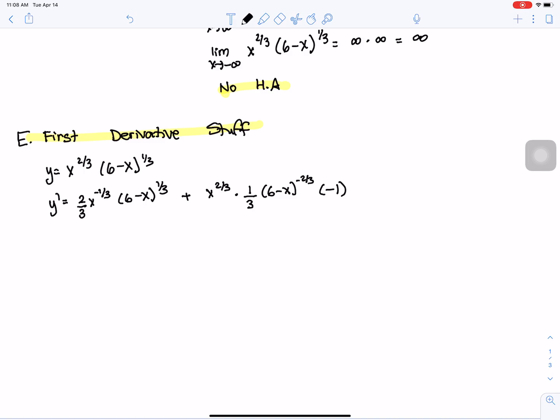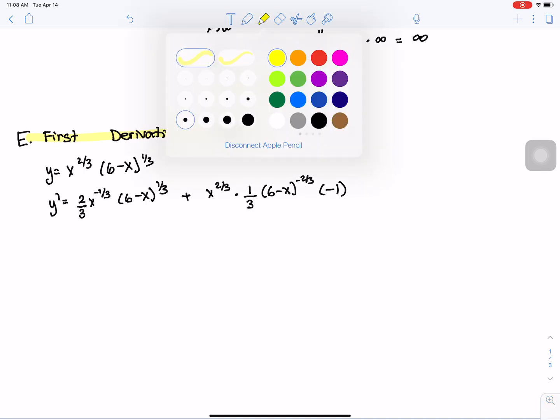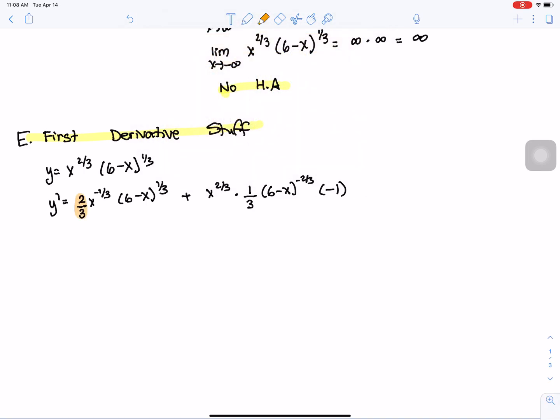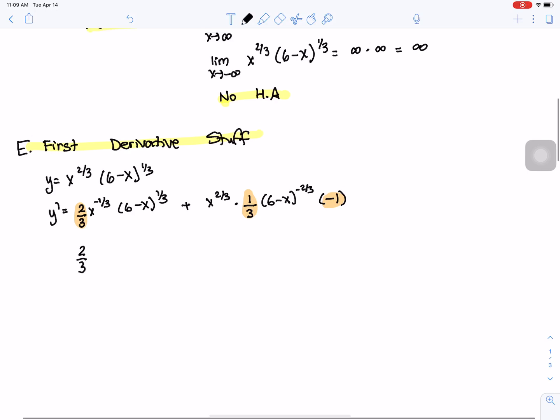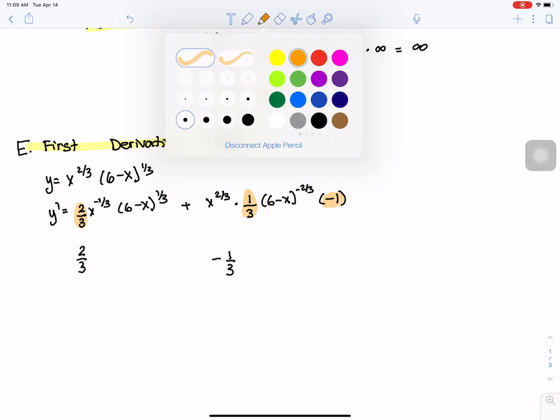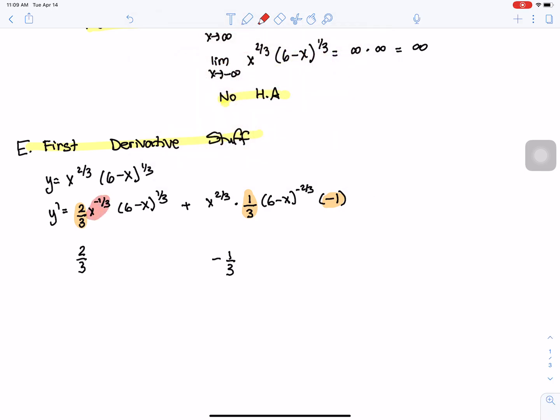So first thing I'm going to do is kind of clean this up a little bit. And how I'm going to do that is I'm going to put the numbers together at the front of each term. So this will stay at 2/3. And this one will get to be minus 1/3. That's the orange stuff. I'm going to write this term second, which is kind of the one with the base of x.